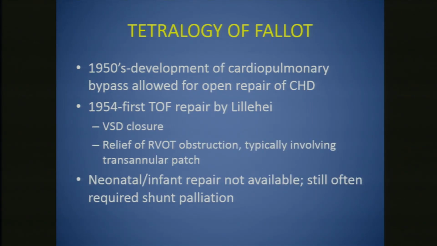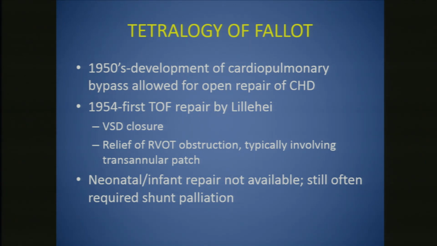In the 1950s, development of bypass allowed for complete repair or an open repair of congenital heart disease. And the first tetralogy repair was in 1954 with VSD closure and relief of right ventricular outflow tract obstruction. Traditionally that repair has been done with a transannular patch and removing the pulmonary valve.